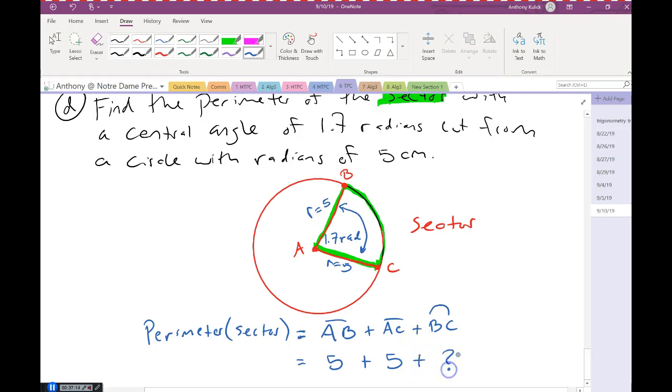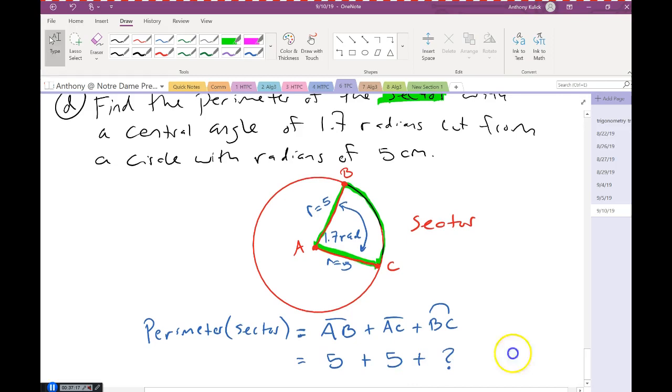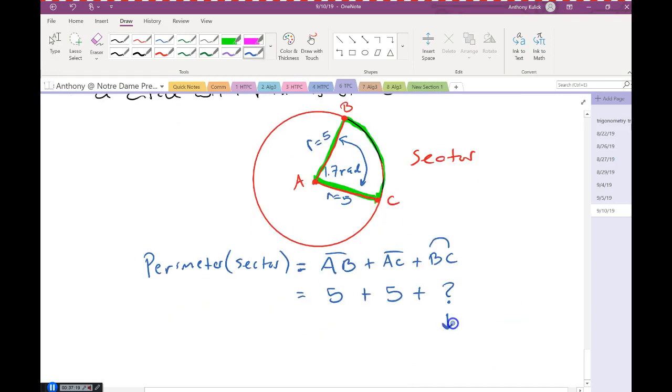How am I going to calculate BC? I know that BC is basically my arc length, and I can calculate an arc length for a circle by doing r times theta, where theta is measured in radians, which is the situation we have here.